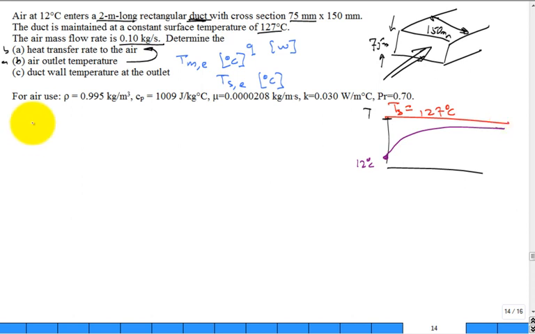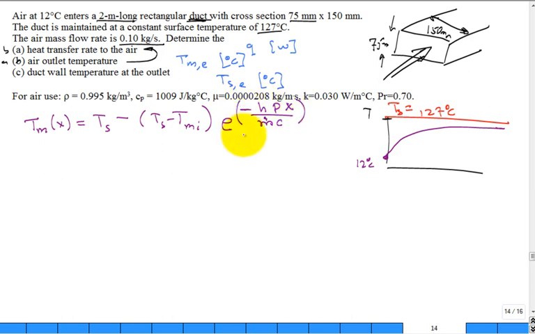The mean fluid temperature at any location X down the pipe is going to be less than the wall temperature by the difference between the wall and the inlet fluid temperature multiplied by an exponential, and then here it's a minus, h P L divided by m dot c, or instead of P L, it's P X. Make sense?